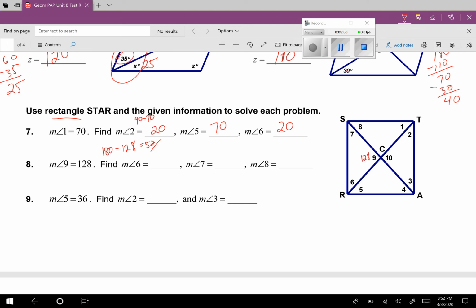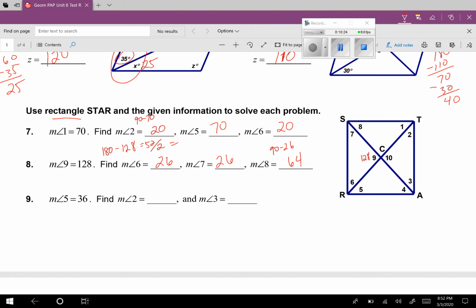But then there's two angles together that are that, so divide by 2. And so we find that the measure of angle 6 is 26. And angle 7 is the same thing. And then angle 8, we have to do 90 minus 26. And so it is 64.